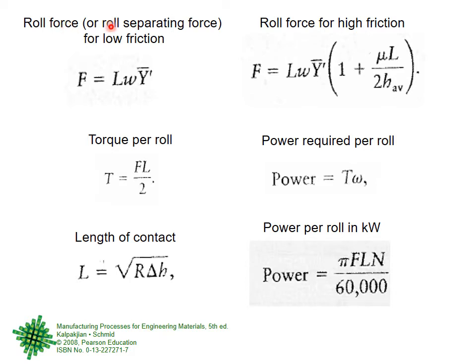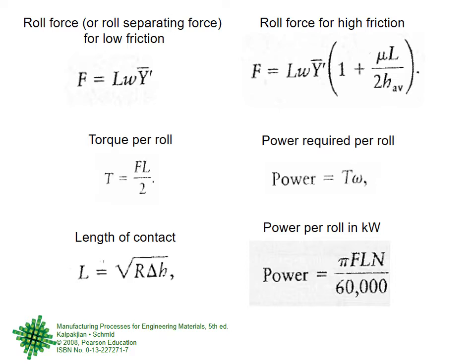Roll force or roll separating force, for low friction. We are saying for low friction because there is a different set of equations for high friction. Just like in forging, remember that if the friction was low, then barreling was not happening. But if the friction was high, then barreling was an important issue, and you were changing from sliding friction to sticking friction.